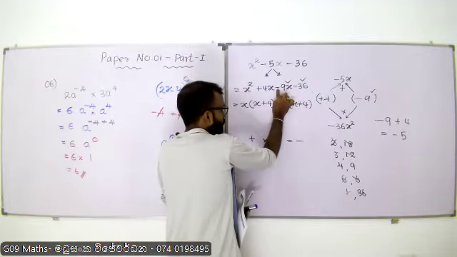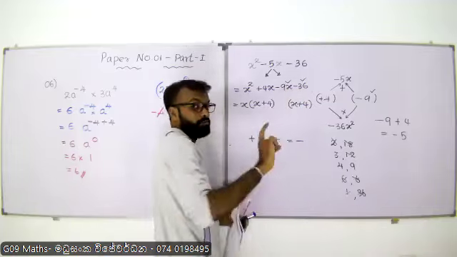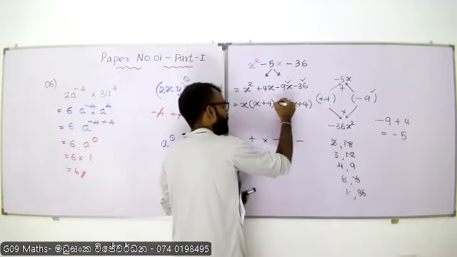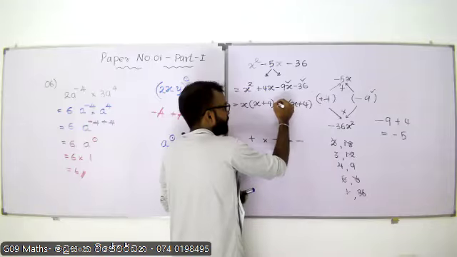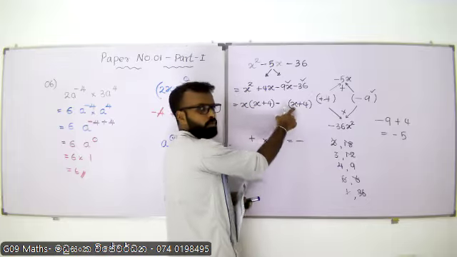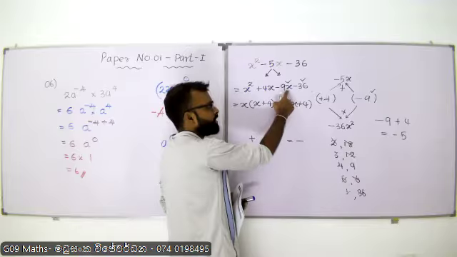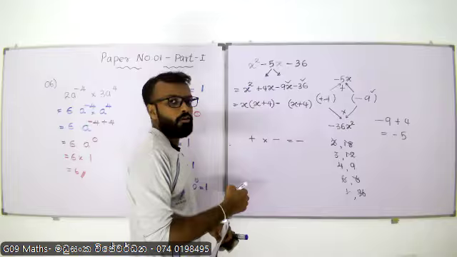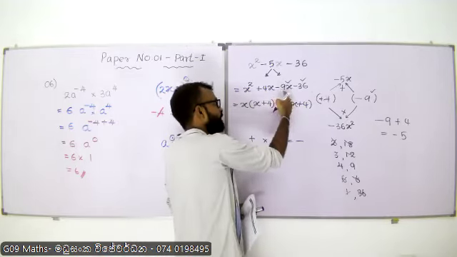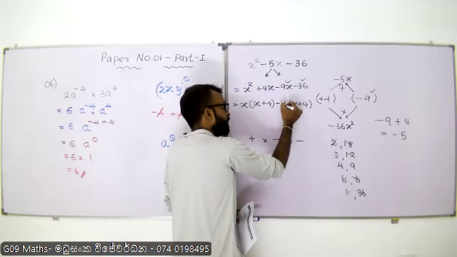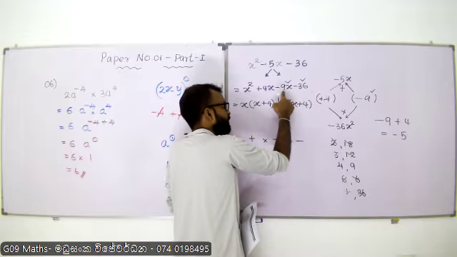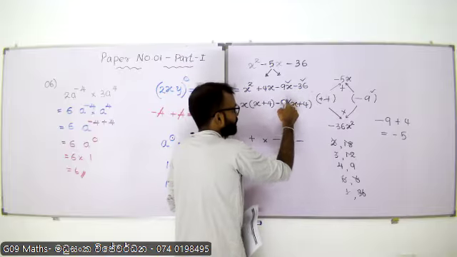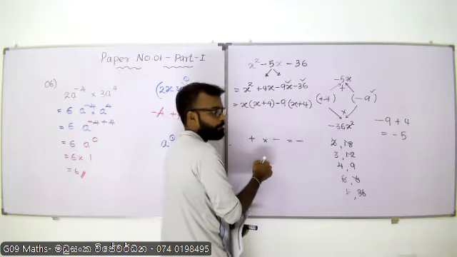Negative sign is common for both terms. Take the negative sign out. If I want to make sure that x is the only term left here, what is the common value that I need to take out? I'm going to take 9 out from the bracket because 9 is a common term for this one and this one. 9 times 4 is 36.